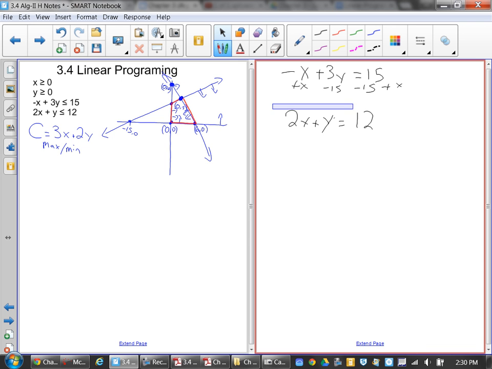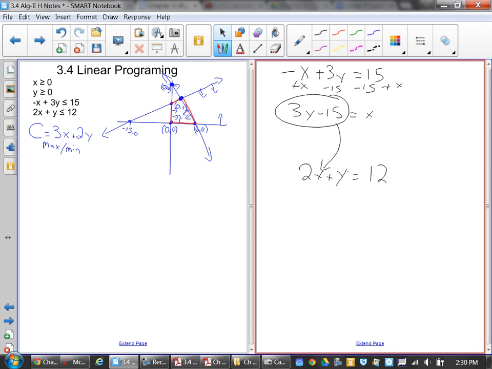You wind up with 3y minus 15 is x. So just take that and substitute here. You're going to use direct substitution. You'll solve for y first.